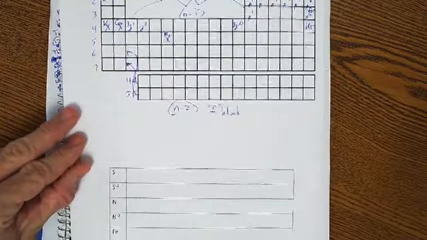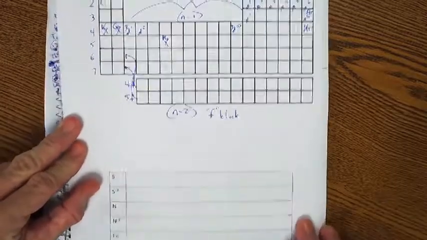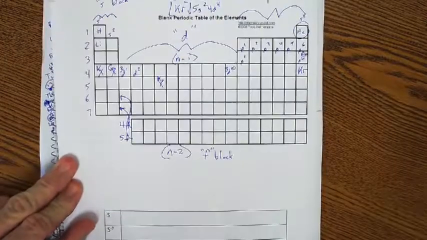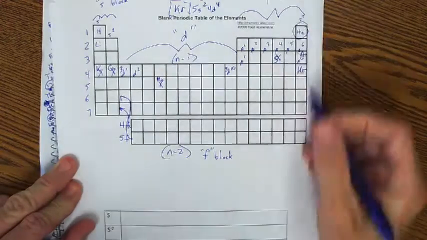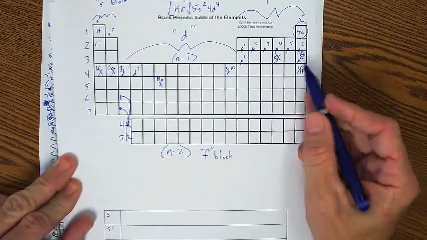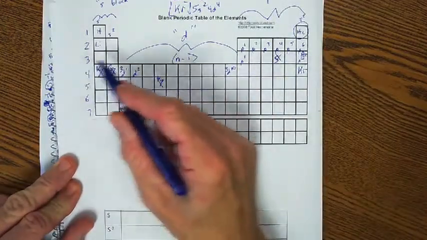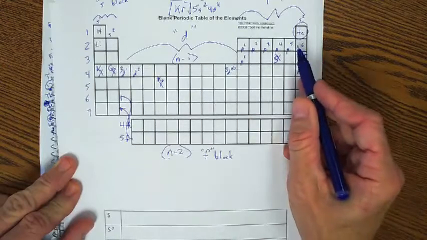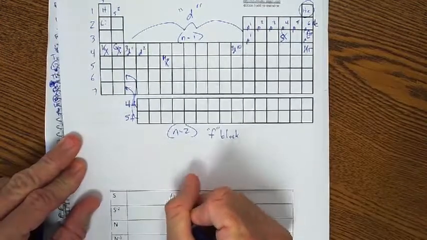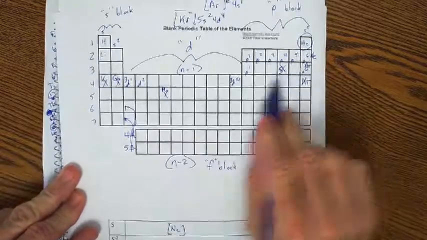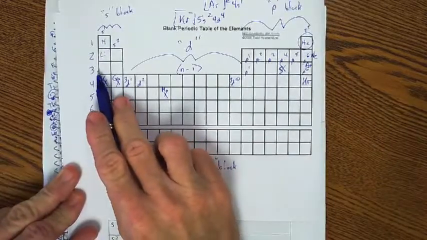Then let's look at sulfur real quick. Let me find sulfur on the periodic table. It is right here on the table. We want to do a noble gas notation for sulfur. Go back to the last noble gas, which is neon, and you'd put Ne in brackets. Everything after neon would be the valence electrons for sulfur.